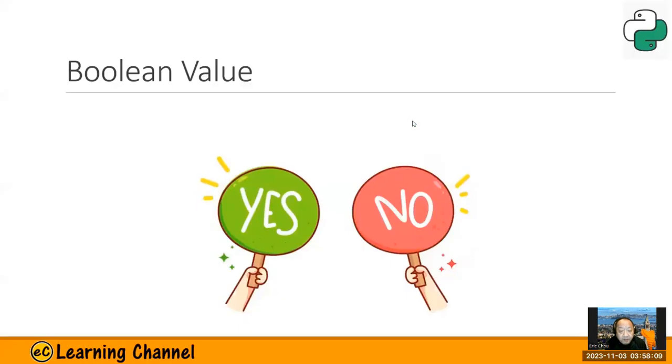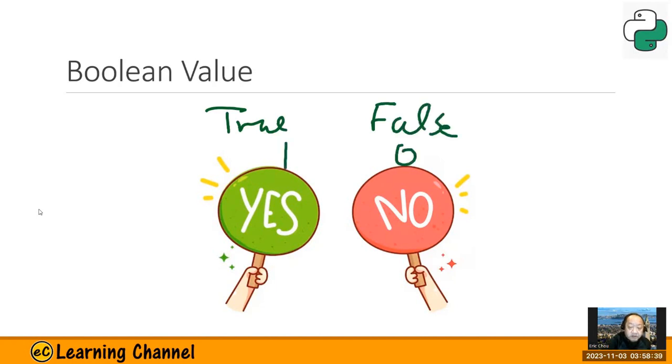So for a Boolean value, when you try to describe some solution of a computing problem, or you try to talk about some decision, you basically vote yes or no. In Python, we talk about true or false. In some languages, true is actually 1, false is actually 0.